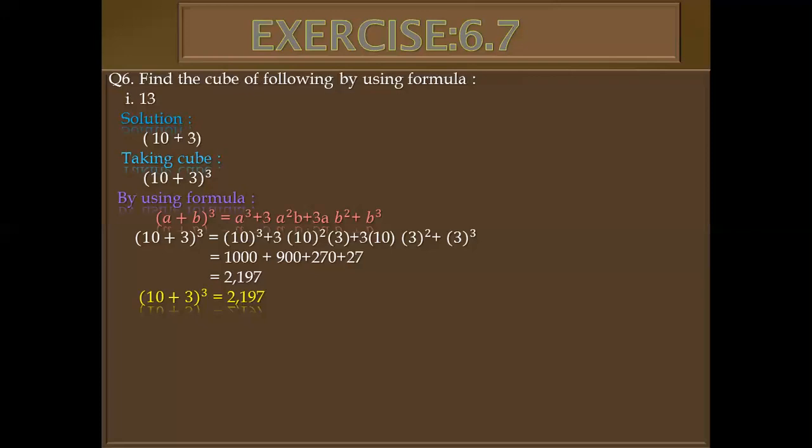So first we take the square of 3, then we multiply it with 30, because 3 multiplied by 10 is 30. 30 multiplied by 9 will be 270. And in the last term, the cube of 3, which is 27. Adding all the terms together, 2197. You can also verify your answer by taking the cube of 13 directly on your calculator, and check whether your answer is correct or not.